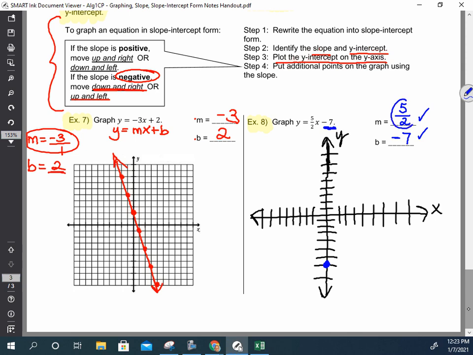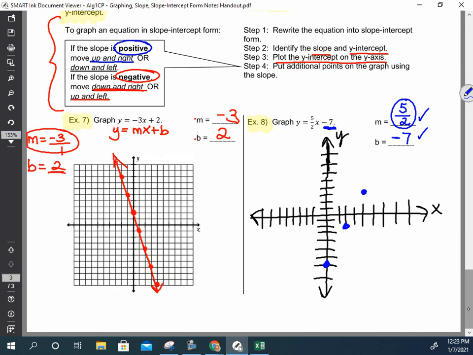So our slope, is that positive or negative? Positive. So that means if the slope is positive, we can go up and to the right. So that's up 1, 2, 3, 4, 5, and to the right 1, 2. Put another point. Go up 5, to the right 2.